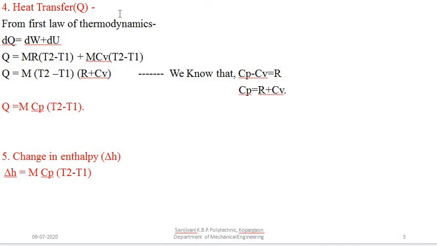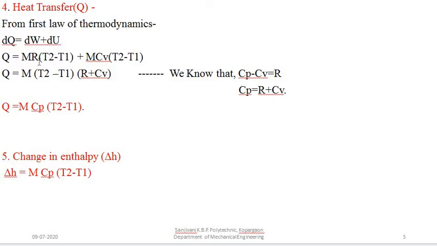So when we are finding the heat transfer for any process, we know that from the first law of thermodynamics, dQ is equal to dW plus dU. So total heat transfer is equal to integration of dW plus integration of dU, that is the total work plus total change in the internal energy. We already derived the equations for the work transfer and the change in internal energy.